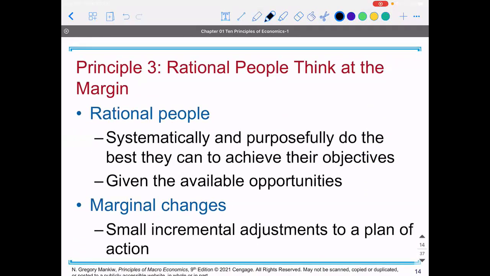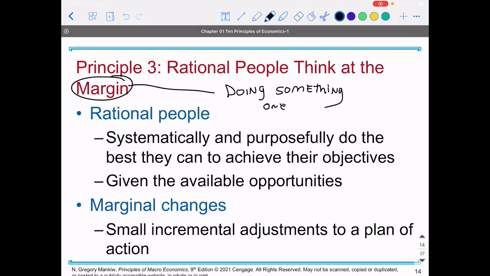Now, the third principle is that rational people make decisions at the margin. When we say at the margin, we mean doing something one more time.